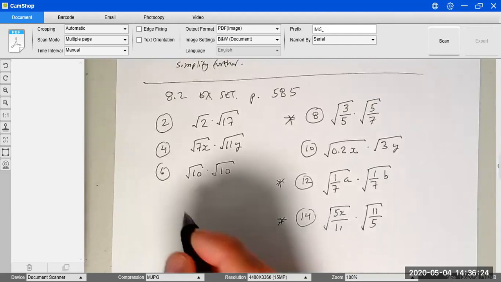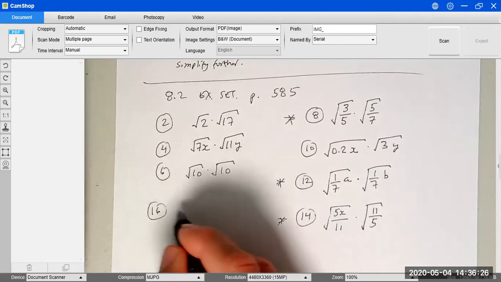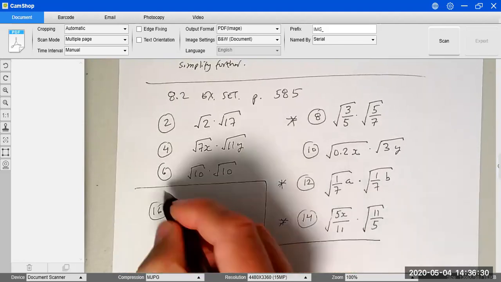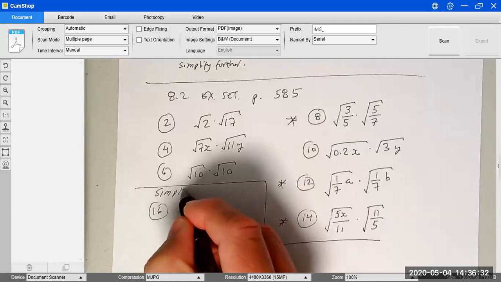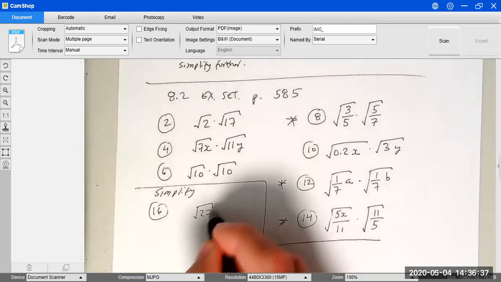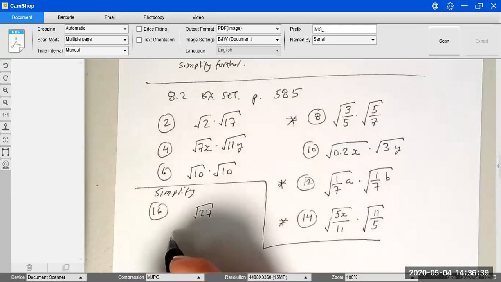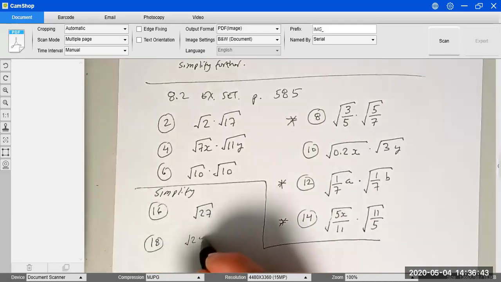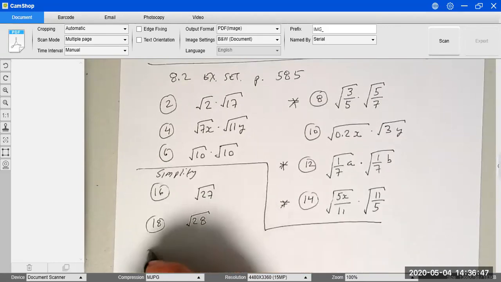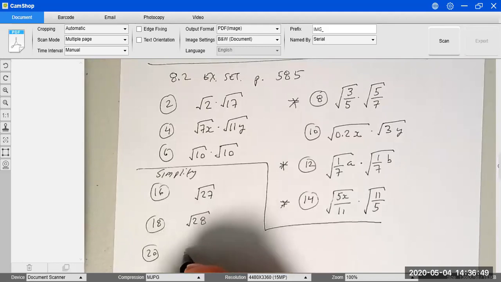So problem 16, you're going to simplify in these cases. So we have the square root of 27, then the square root of 28, and finally the square root of 300.